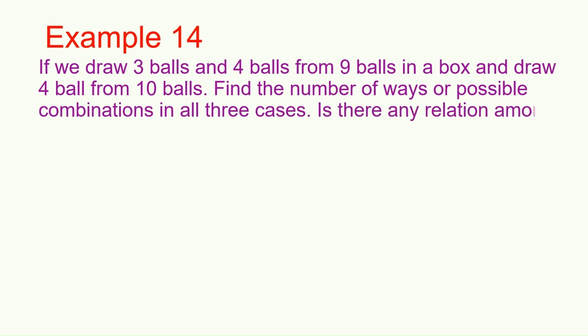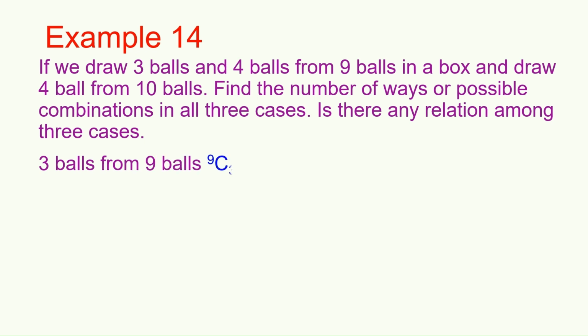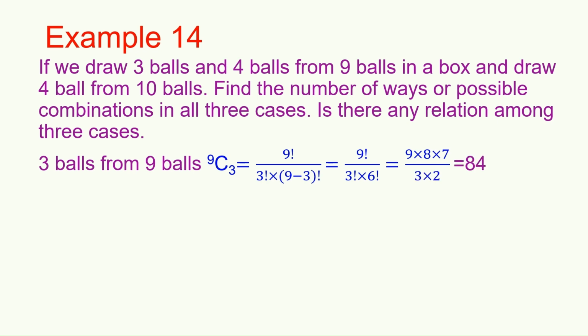Is there any relation among the 3 cases? Number of combinations for 3 balls from 9 balls: 9C3 equals factorial 9 divided by factorial 3 divided by factorial 9 minus 3, equals 9 times 8 times 7 divided by 3 by 2, equals 84.